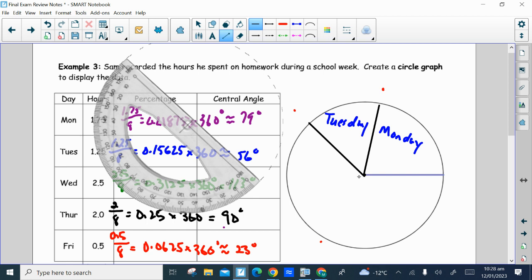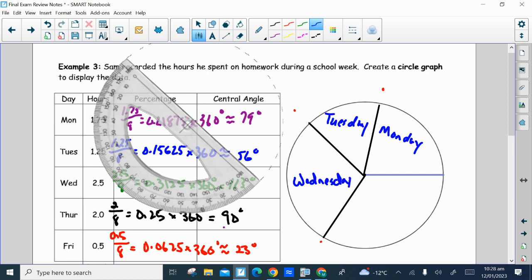So we'll draw a line from the center towards that point. And that is Wednesday's homework time. It's the biggest, has the largest angle.